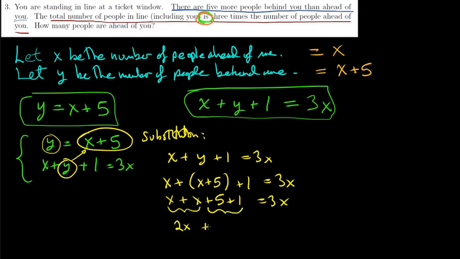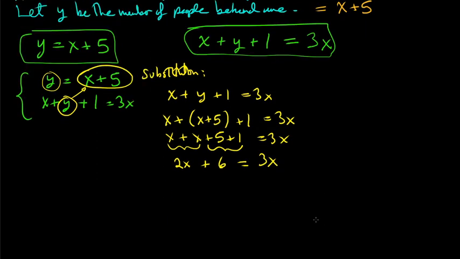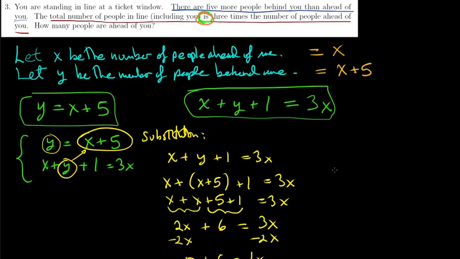And 5 plus 1 is 6. And that's still equal to 3x. So if I subtract 2x from both sides, I get 0 plus 6 equals 3x minus 2x, which is 1x. So x has to be 6. And that answers the question. The question is how many people are ahead of us?